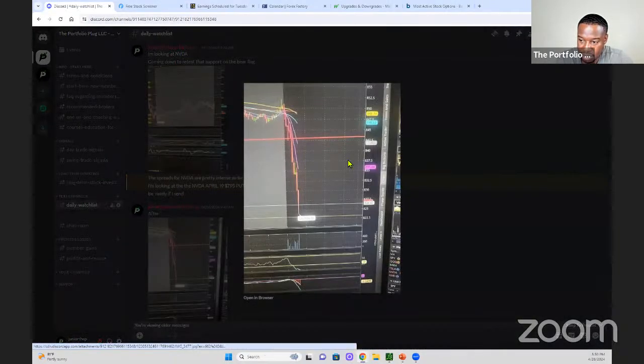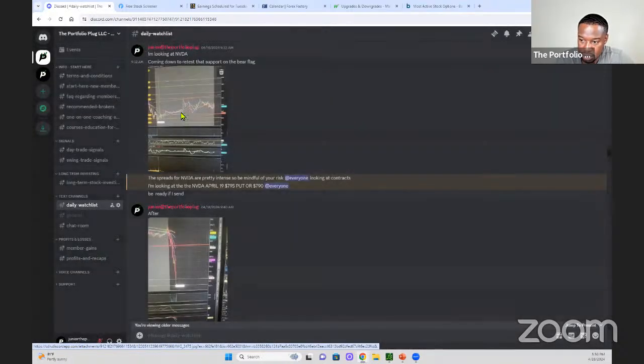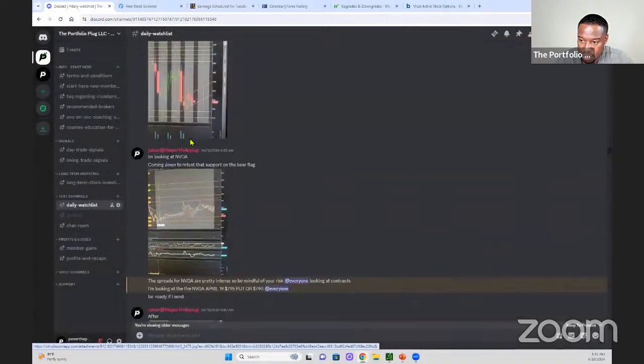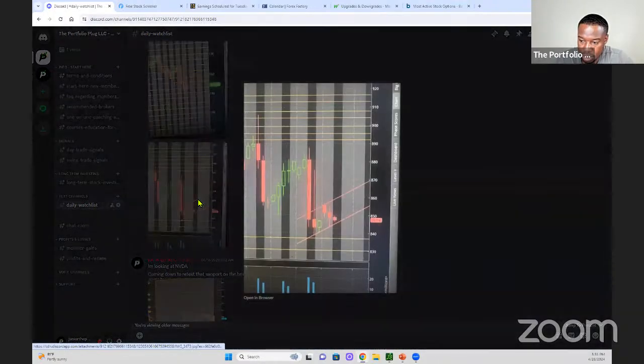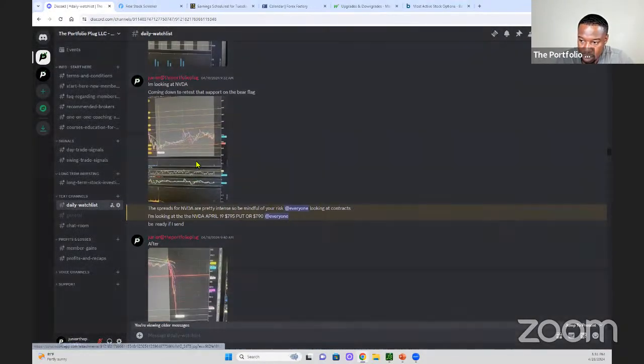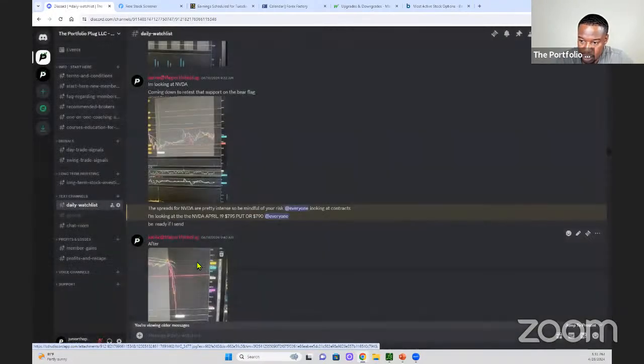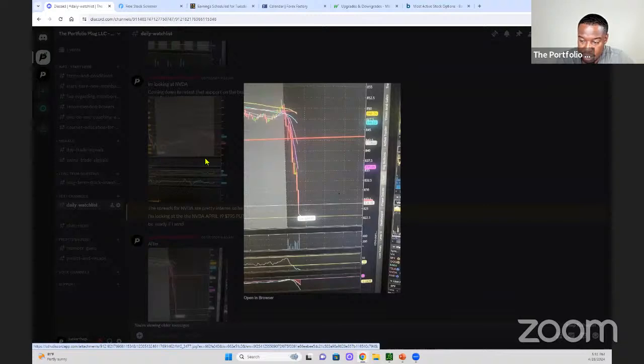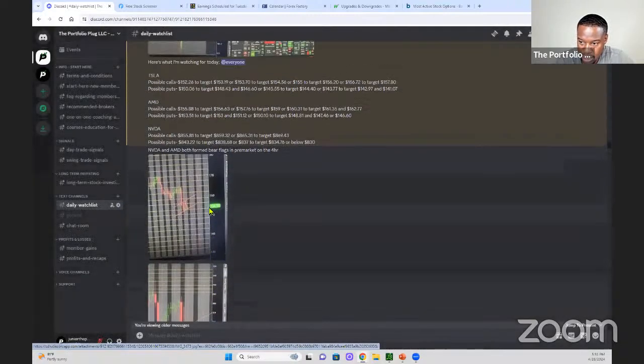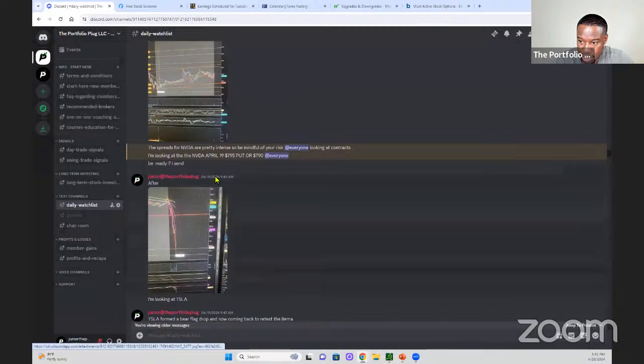And then this was after. This is pre-market, and then this was after the trade. As I was monitoring this, I had already told everybody I was getting into this trade. Right here, I was looking at the NVDA April 19th 795 put. So I was telling everybody in advance to get ready for this trade.